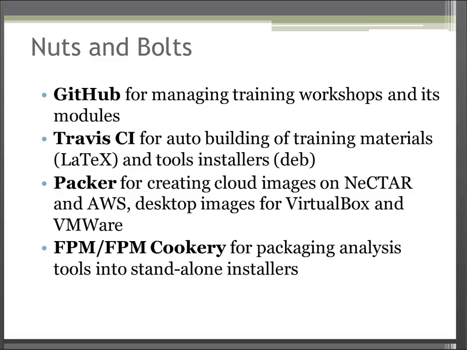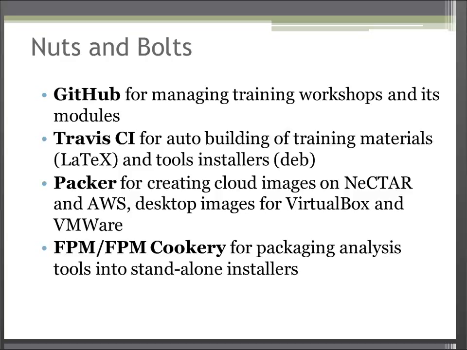We have also used a nice tool called FPM and FPM Cookery. This allows us to package analysis tools. Most of these analysis tools are built from source into easily deployable software installers compatible for the operating system that we're using, which is Ubuntu Linux. We've chosen this tool because some of the analysis tools that we are using on the training images and training instances require customization.